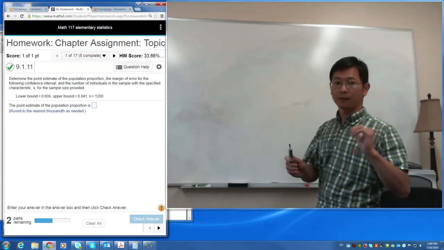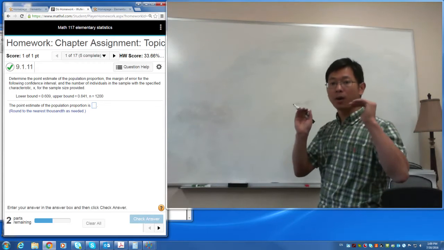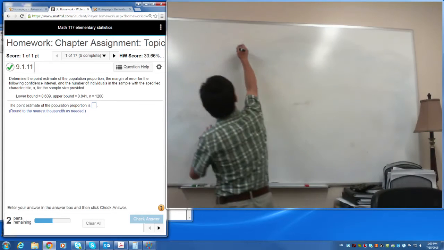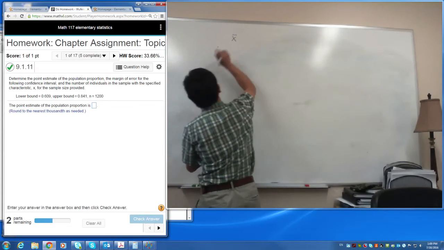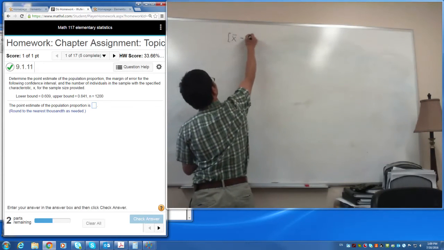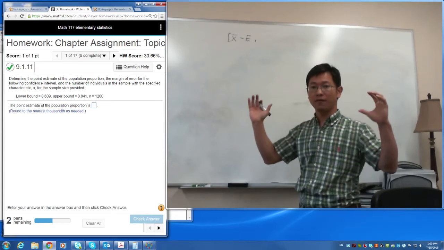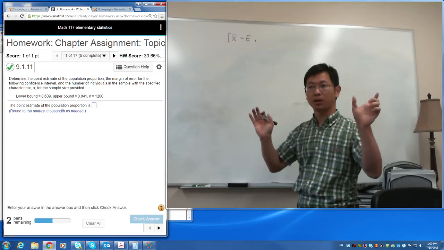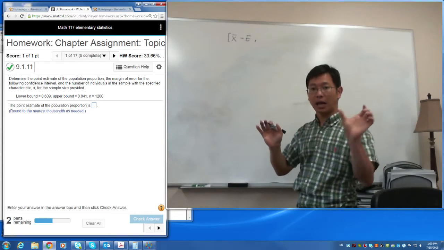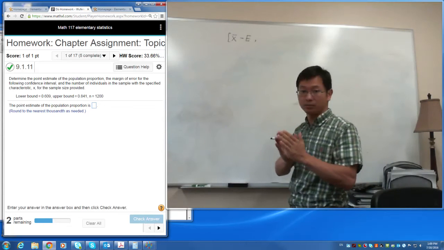So that's the content of topic 9. We're going to construct a confidence interval for the population based on a sample. The idea is, it's very easy to find a sample mean value x bar. So you have x bar minus the error E, and x bar plus the error E. There is an error between the population and the sample, they're not the same.